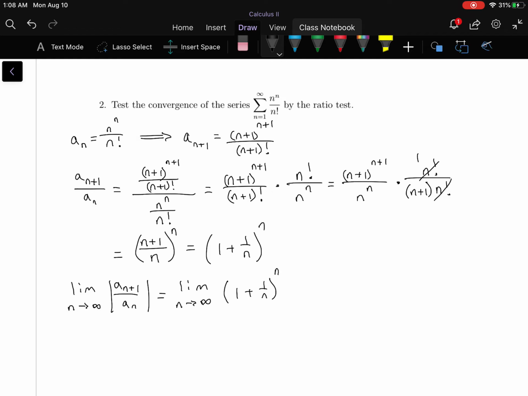And this is a well-known limit that you may have seen back in Calc 1, but this happens to be e. And since e is greater than 1, this tells us that the series, the sum of n to the nth power over n factorial, is divergent.